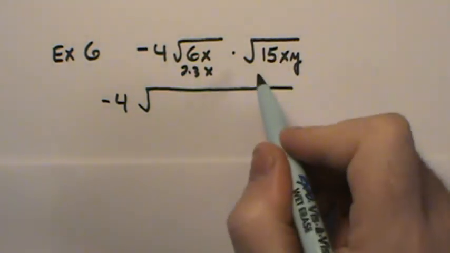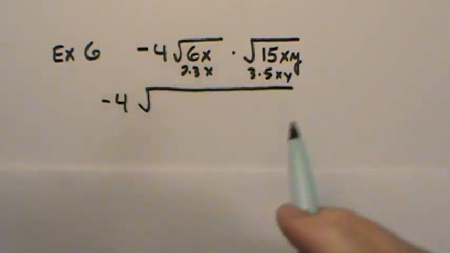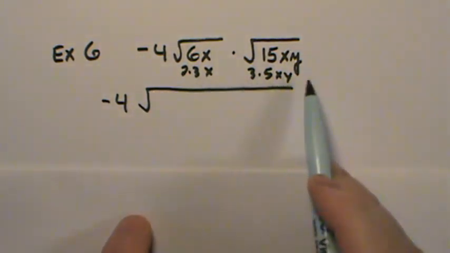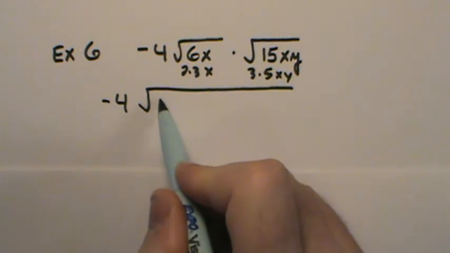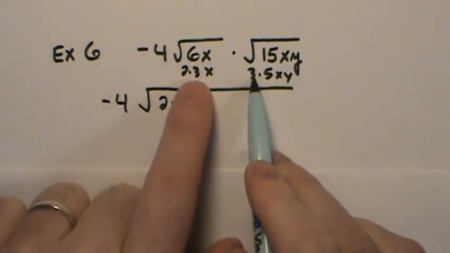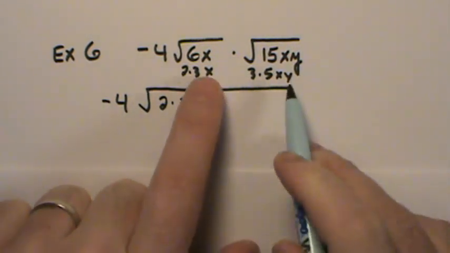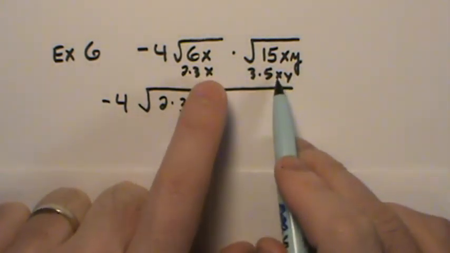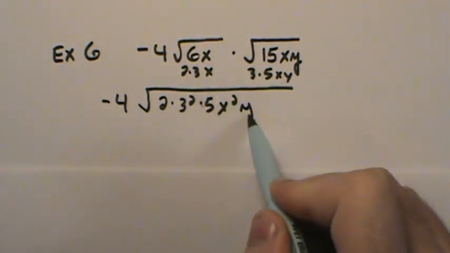The 15 breaks down as a 3 times 5, an x and a y. So as I'm looking at these numbers under the radical, I have pairs. I can say that I have a 2 and a 3 squared. There's my pair. I also have a 5 and then these x squareds. x times x is x squared. And then a y.